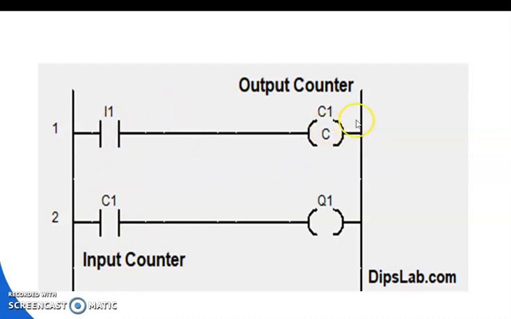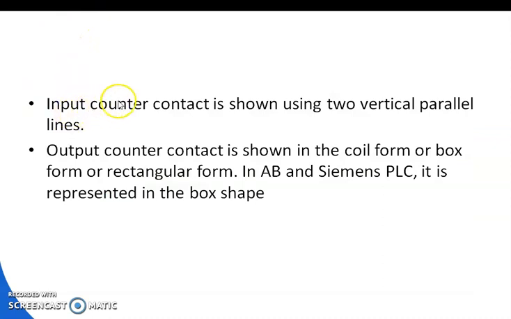This is output counter 1, output counter 2, and this is the wiring diagram of the counter. The input counter contacts are shown using two vertical parallel lines, and output counter contact is shown in the coil form or box form. In AB and Siemens PLC, it is represented in the box shape.